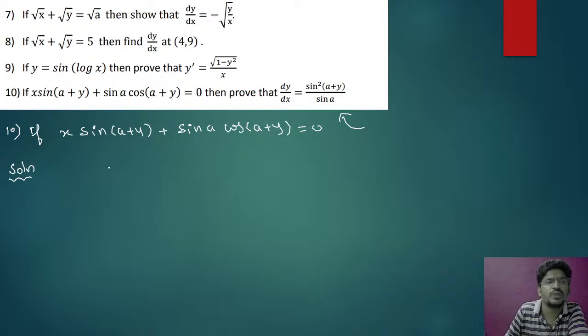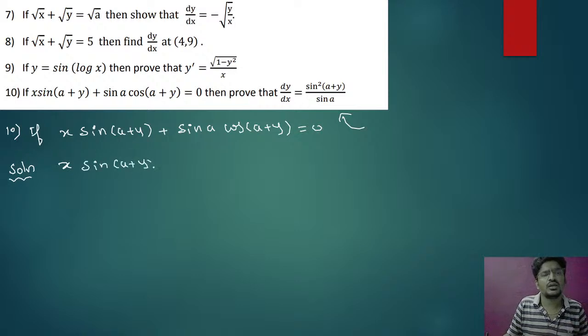Very simple problem. You just write it as x into sine of a plus y. To take this term to LHS, that will be minus sine a into cos of a plus y.